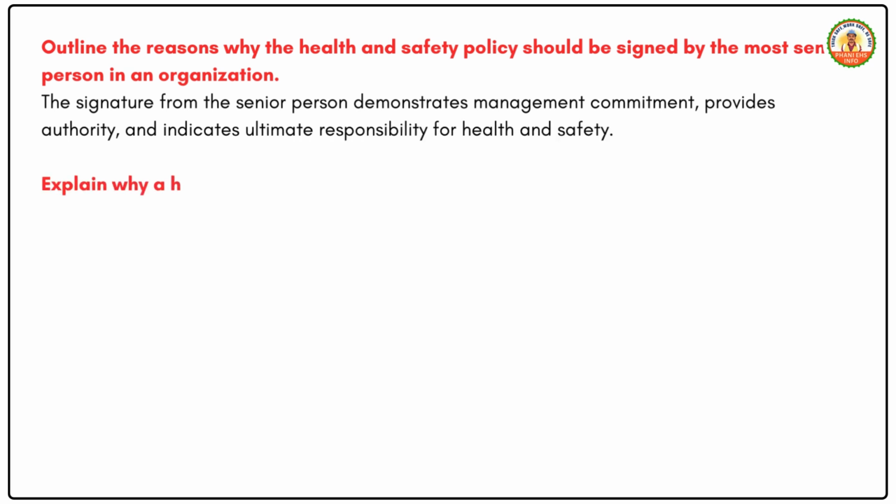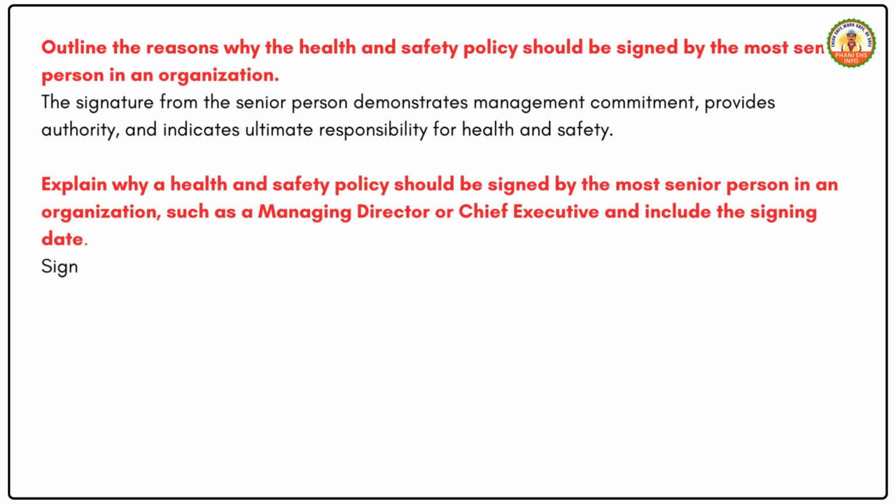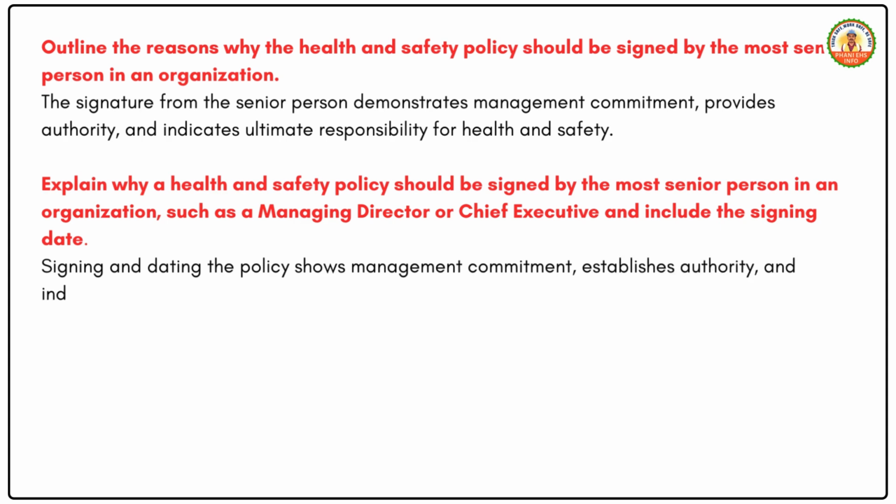Explain why a health and safety policy should be signed by the most senior person in an organization, such as a managing director or chief executive, and include the signing date. Signing and dating the policy shows management commitment, establishes authority, and indicates responsibility. It also sets a review frequency.